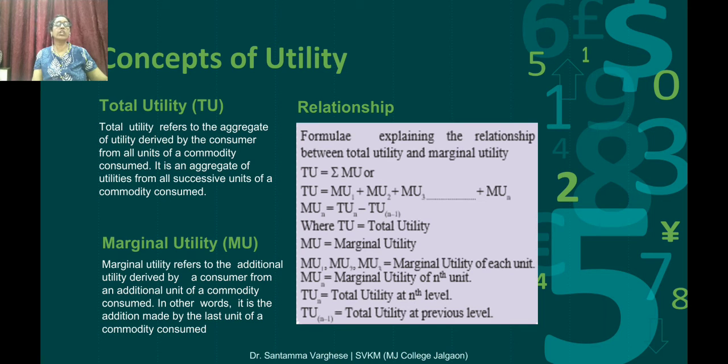Thus, total utility is the summation of all marginal utilities, and marginal utility of n is equal to total utility of n minus total utility of n minus 1. It is given in the slide very nicely, and you have to go through it in the lesson also.